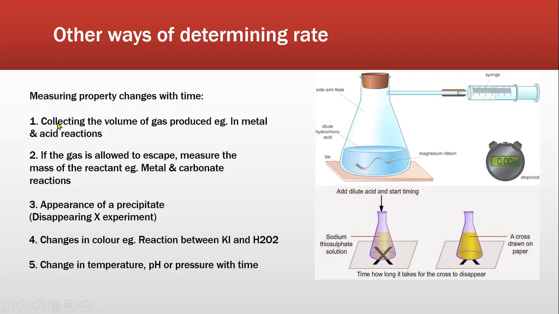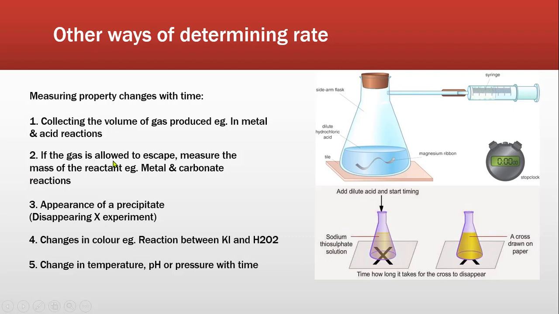For example, we can collect the volume of gas produced, for example, in metal and acid reactions. So in a metal acid reaction, we have hydrogen being formed, and at time equals 0, you will have no hydrogen. We can time for every minute how much hydrogen is being formed.